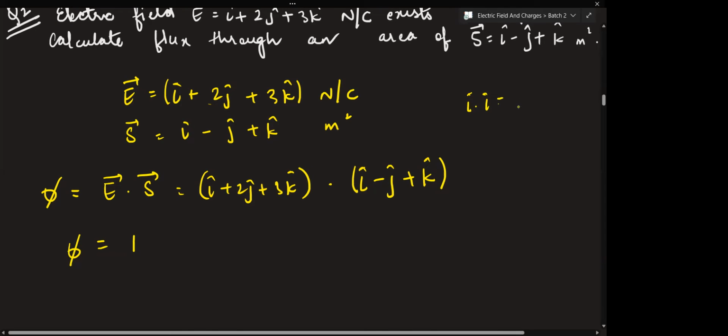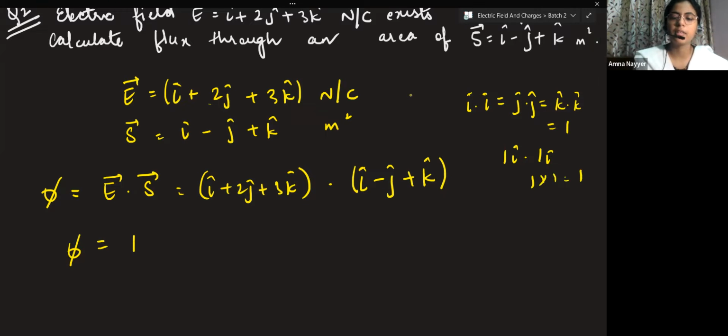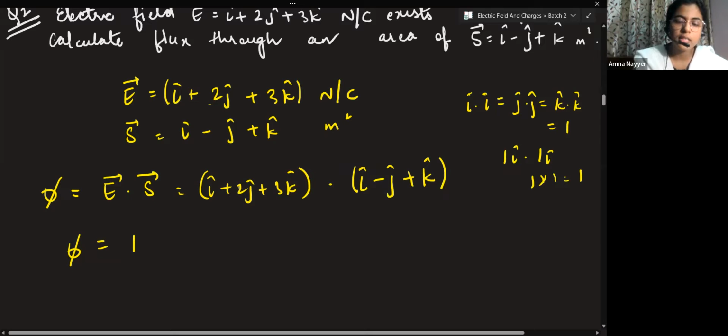Exactly. I dot I, J dot J, K dot K, all this is equal to 1. So what did we do? We actually multiplied 1 I cap dot 1 I cap over here. All those who have forgotten the concept of dot product, we solve it in this manner. So 1 into 1 gave us 1, and I cap dot I cap gave us 1. So that's why we have considered this one. Now, over here, what do we have? We have 2 J cap, and here we have minus J cap.